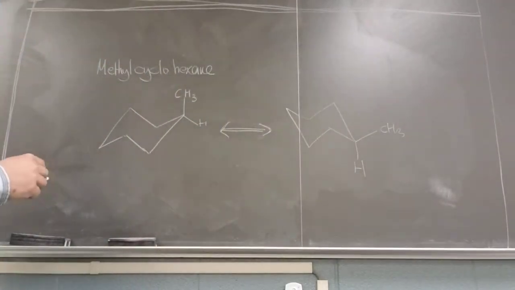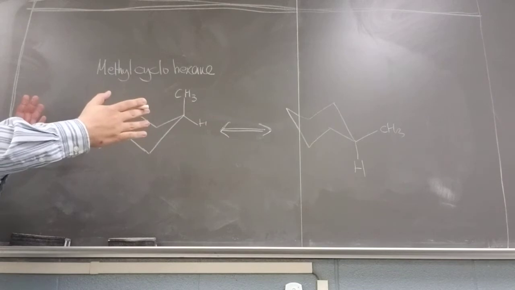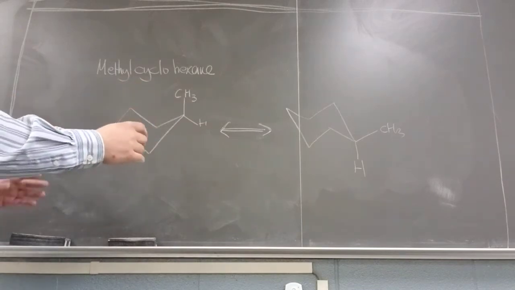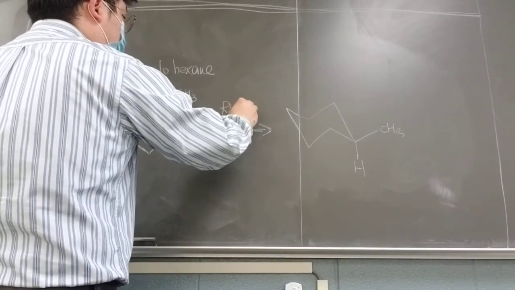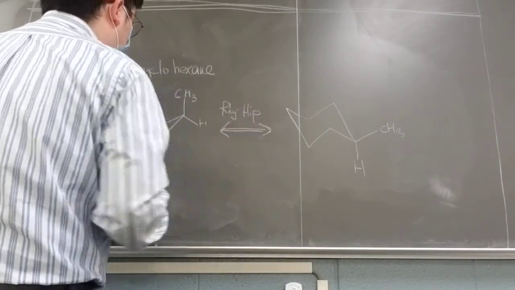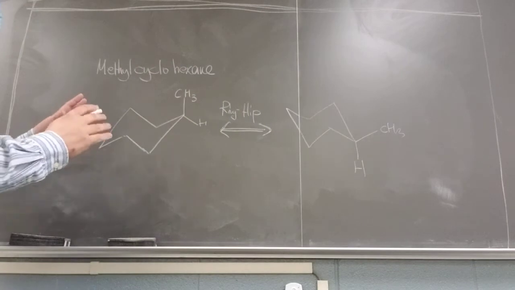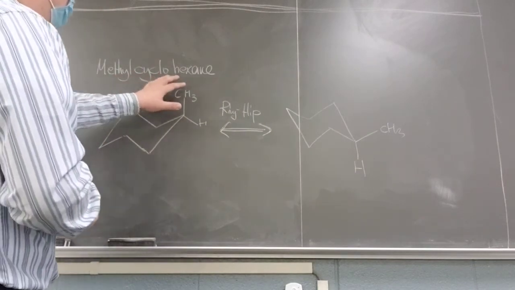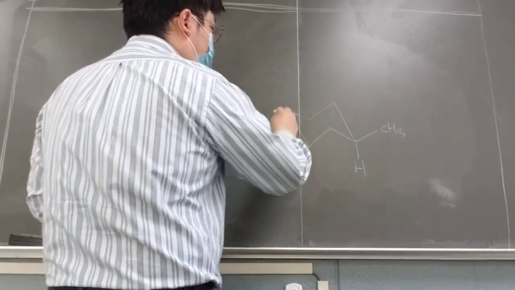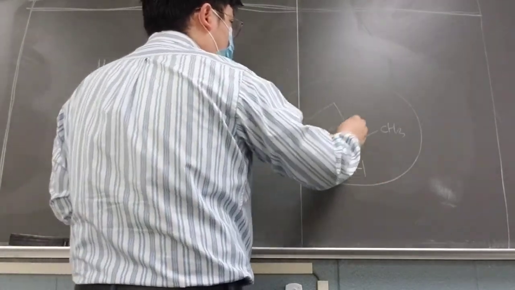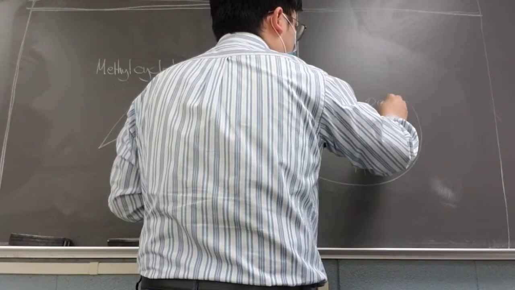So this is the two conformations you can have from the ring flip. Once again, whenever you have a methyl cyclohexane, this conformation is more preferred.